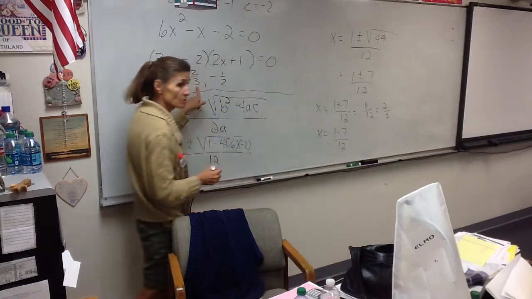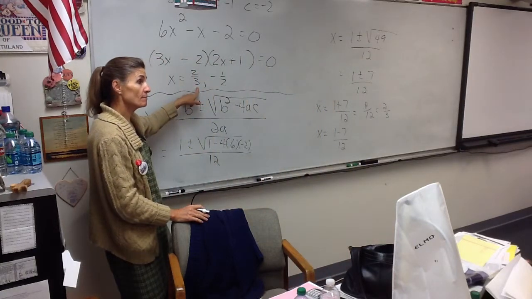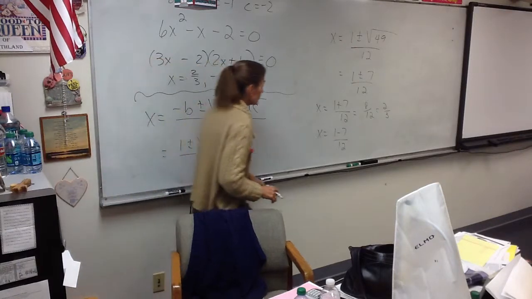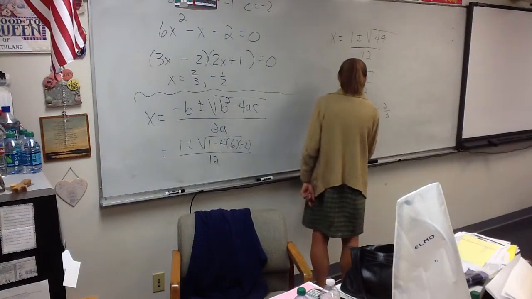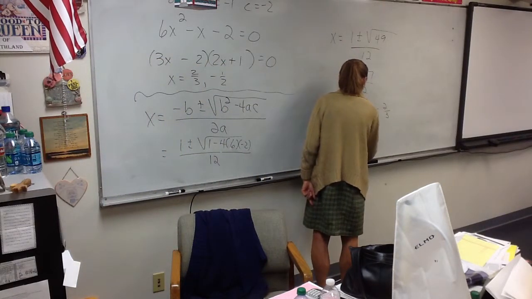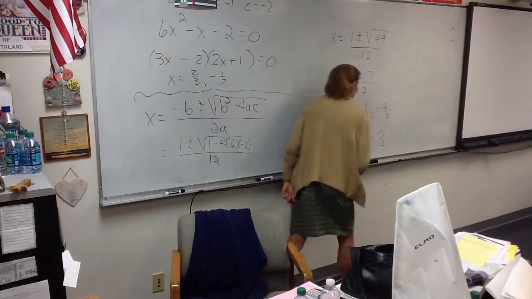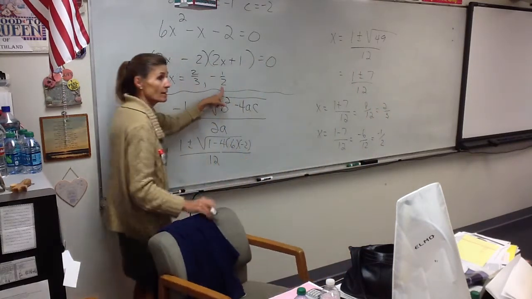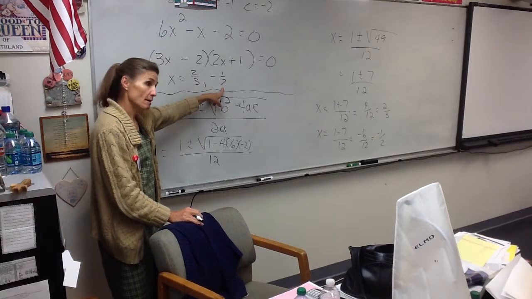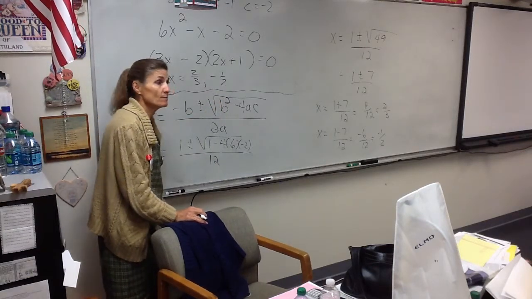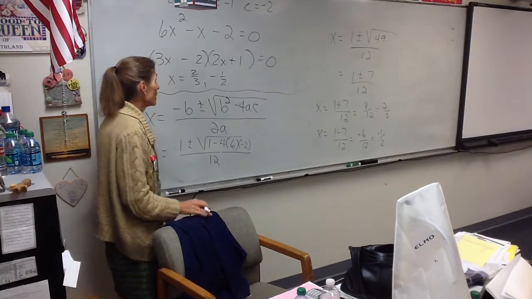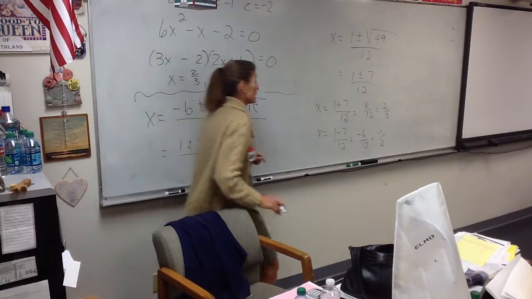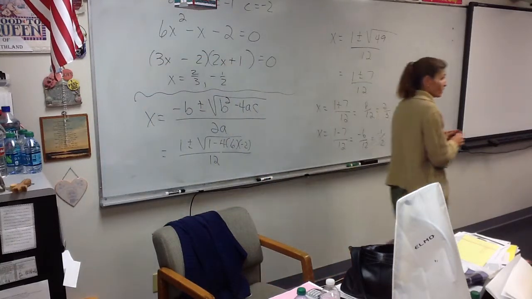Was that one of the answers I got when I did it the other way? Yep. What's 1 minus 7 twelfths? 1 minus 7, negative 6 twelfths, which is negative 1/2. Was that the other answer I got when I did it that way? Yeah. Does it matter which way you do it? No. But Gibran is right. It's very similar. It can be done the same way as the other one, factoring.